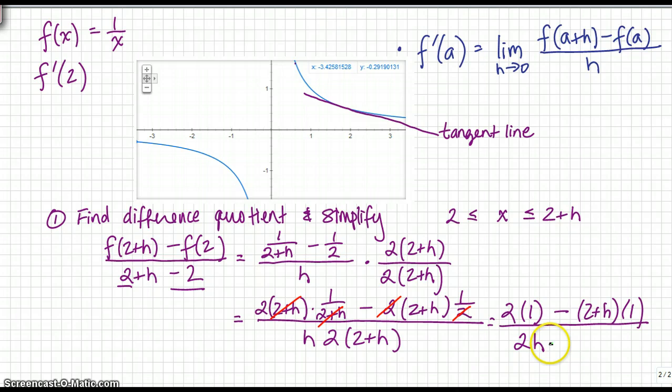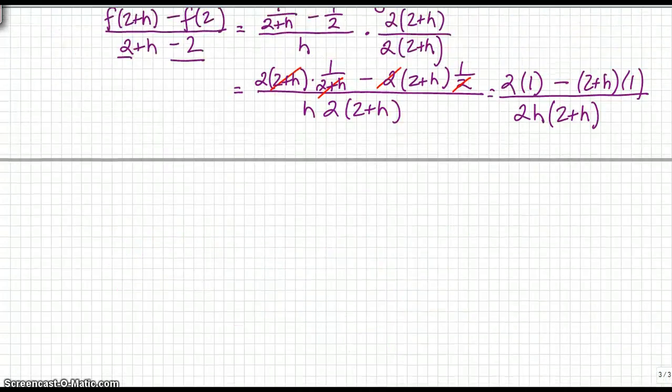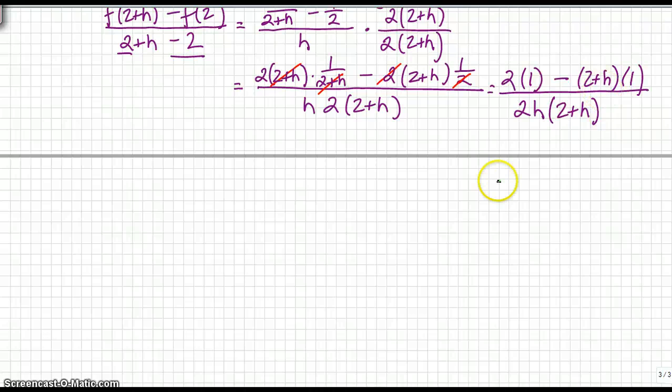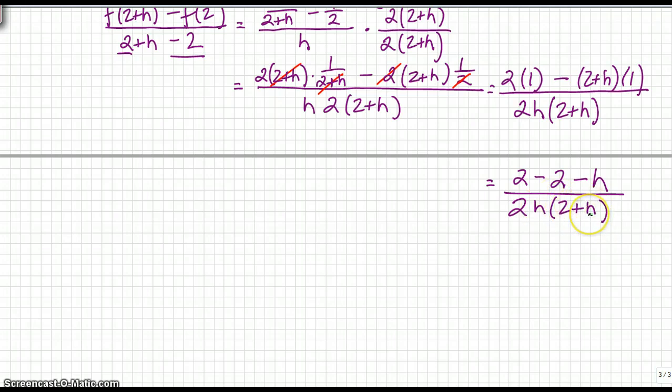I tend to like to write it with the constant in the front, if I can. So I can simplify now just a little bit more by taking this and realizing that this is going to be 2 minus, I now can distribute that negative, 2 minus h. And on the bottom, 2h times 2 plus h.